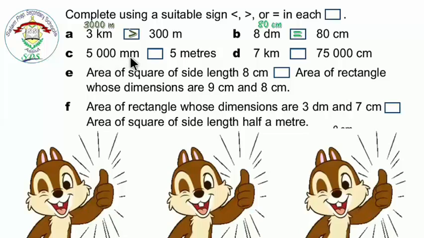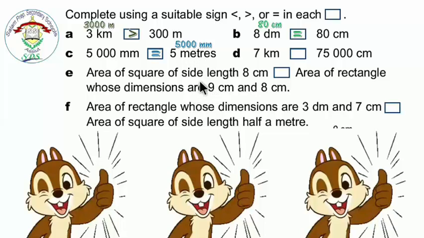5,000 millimeters, 5 meters. From 5 meters to millimeters, 5 meters equal 500 centimeters. So 5 meters equal 5,000 millimeters.